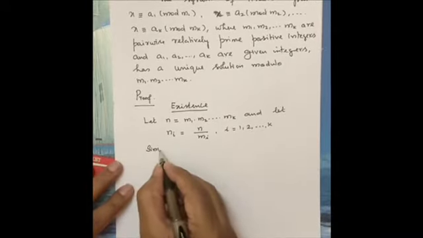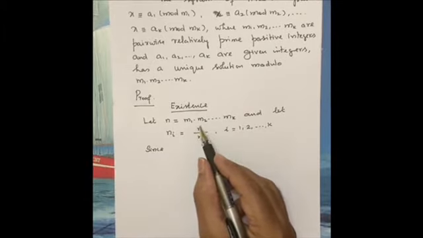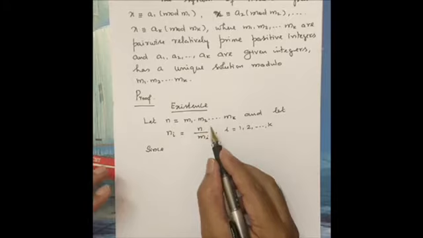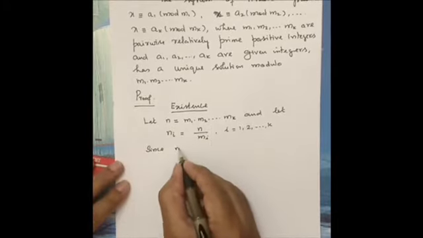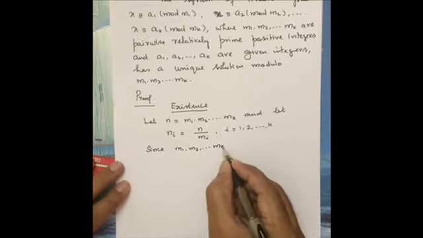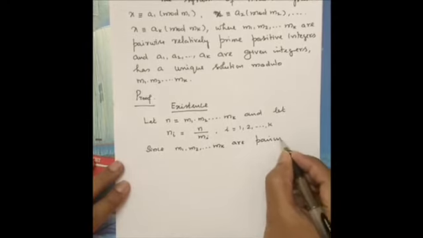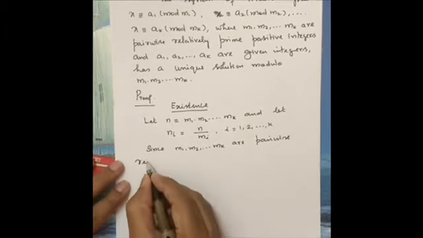Since m1, m2, etc., mk are pairwise relatively prime.